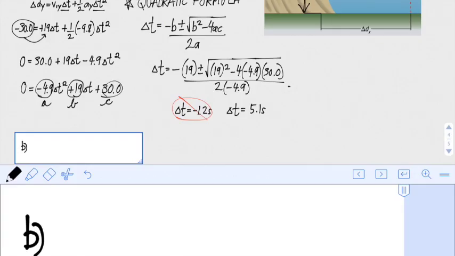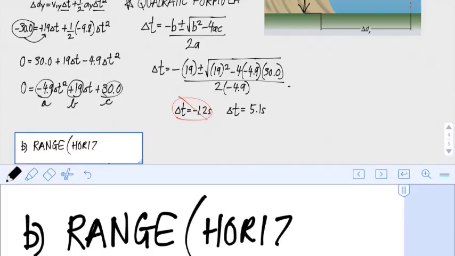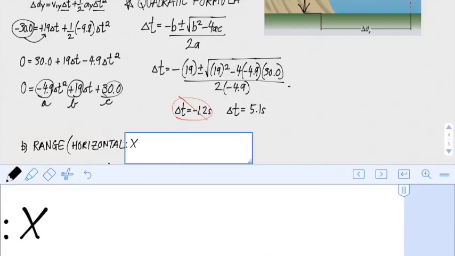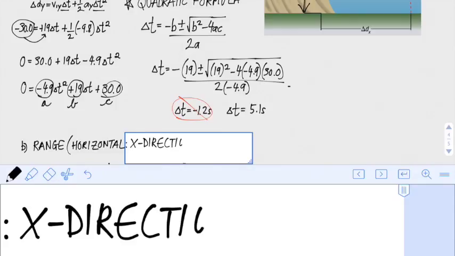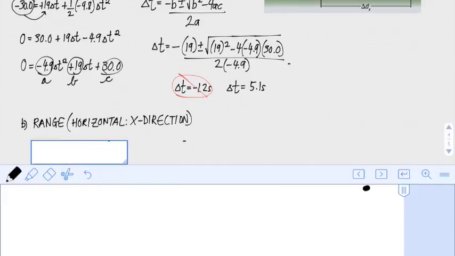Part B, determine the range. The range is a horizontal displacement of this projectile. So we're looking in the x direction. So we need to collect all information that we know in the x direction.